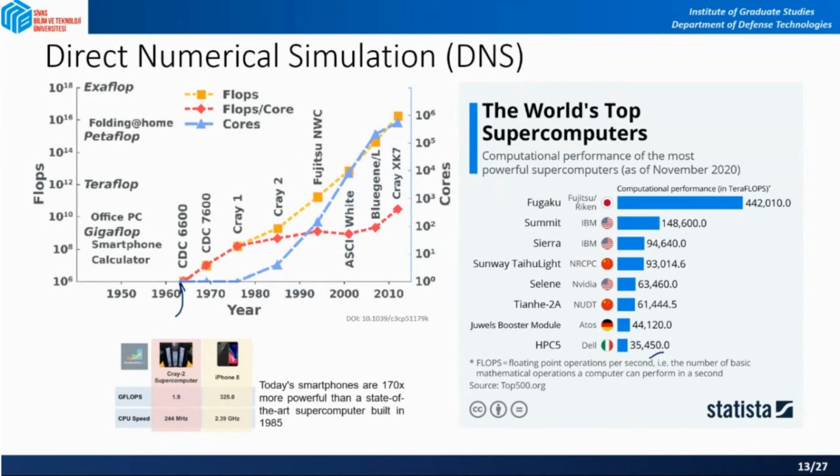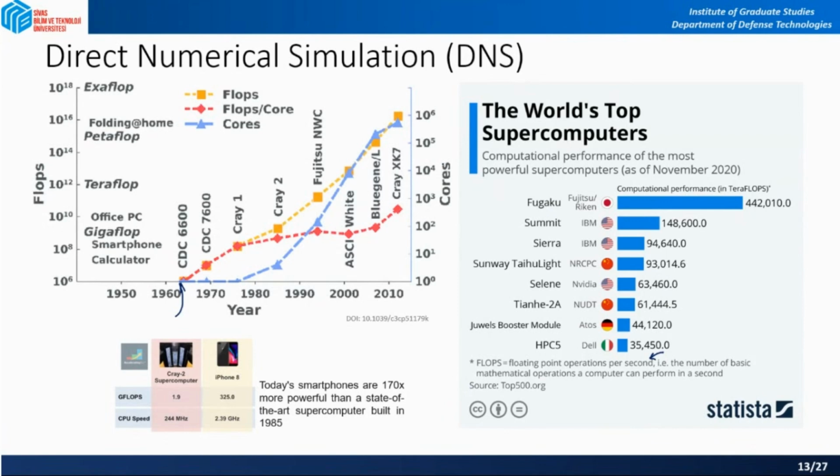It was able to do this, but you can see that recently we are getting to 10 to the 16 flops, in the order of petaflops right now, or even more than petaflops. Even the number of cores has increased.